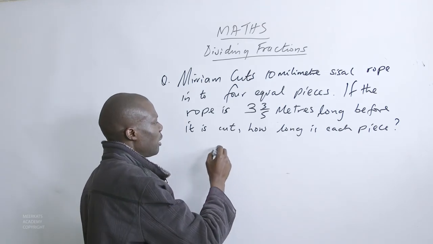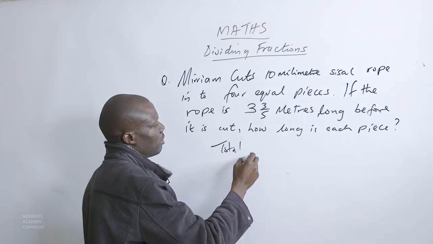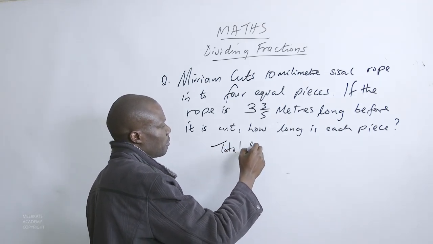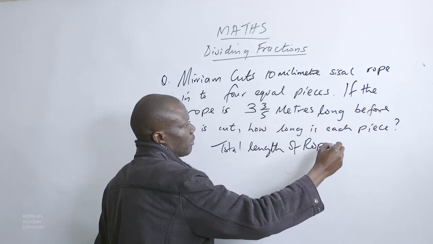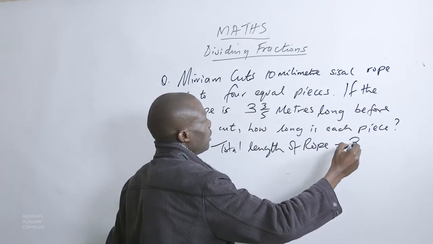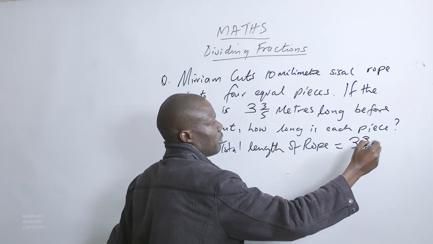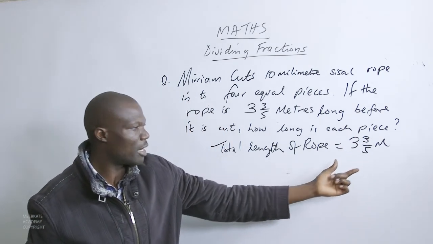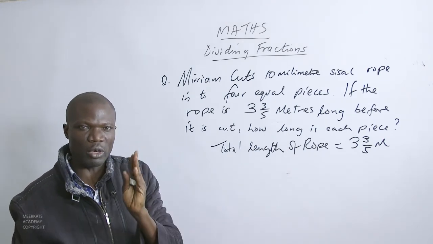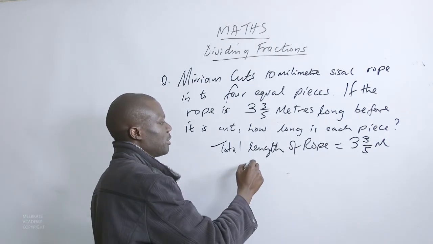So the total length of the rope is 3 and 3/5 meters long. This rope has been divided equally into 4 parts.